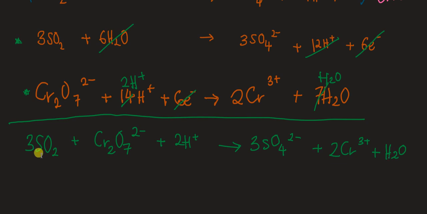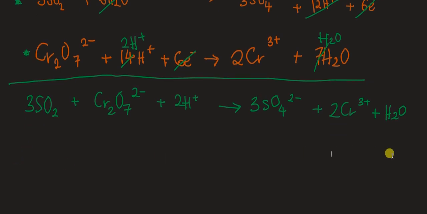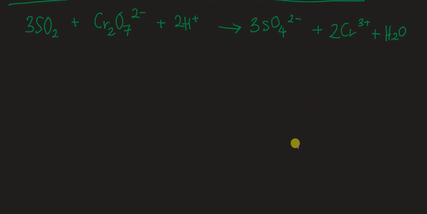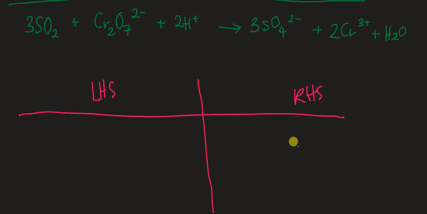Okay, so now before we end this, we have to check whether it's properly balanced. Just to make sure, you can do this analysis on your own, we do the left hand side, right hand side analysis. We do this by counting the atoms on both sides and counting the charges on both sides as well.